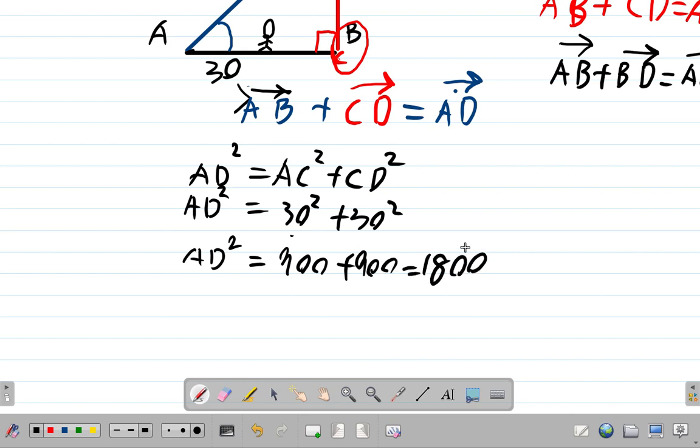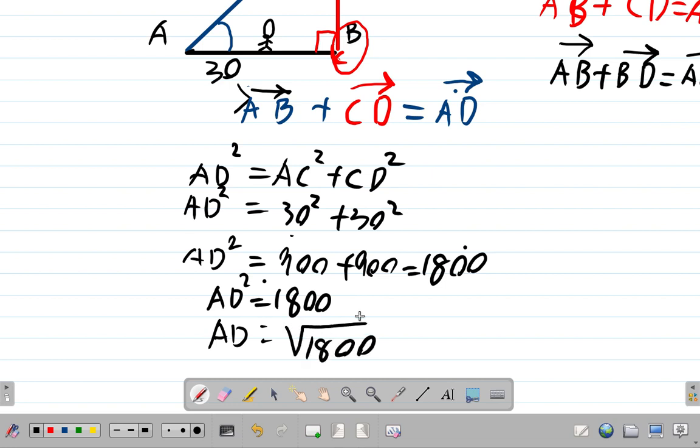You see that? Since AD squared is equal to 1800, question, what is AD equal to? Can you tell me? AD will be the square root of 1800. Remember that part.